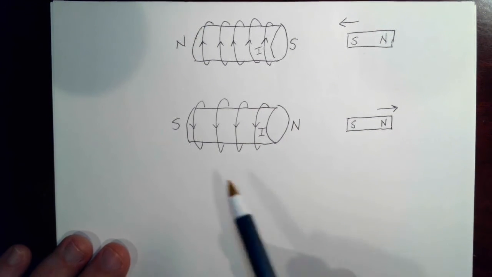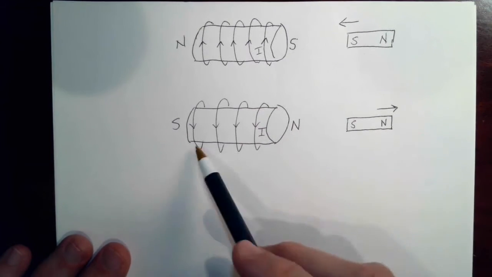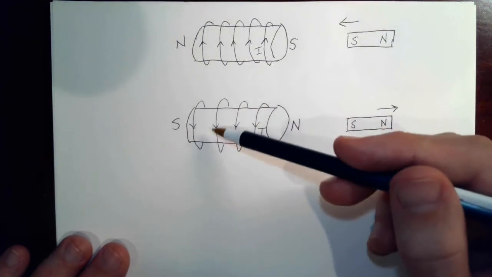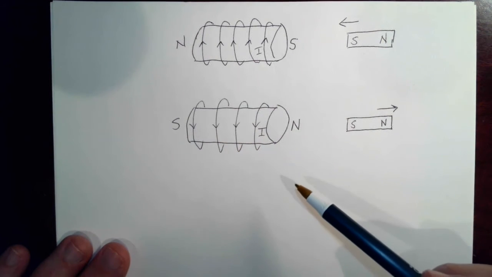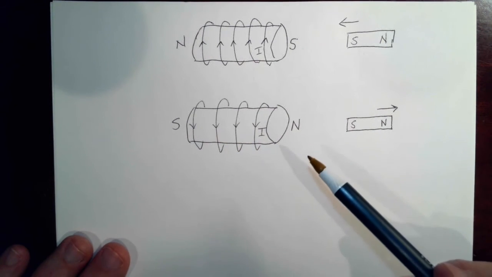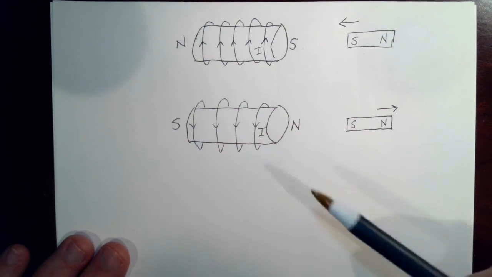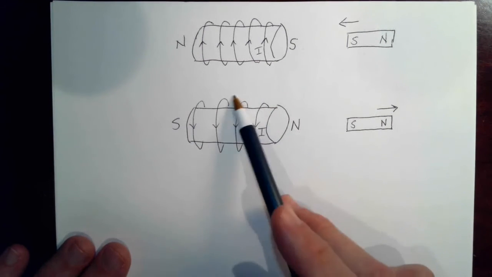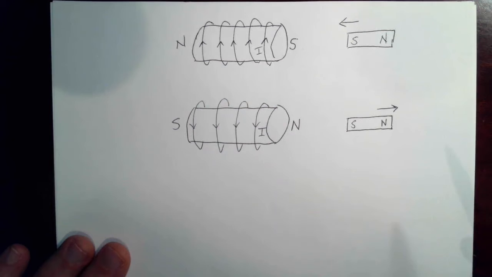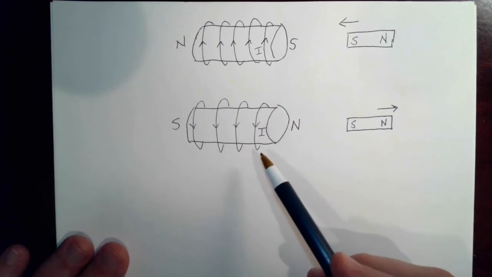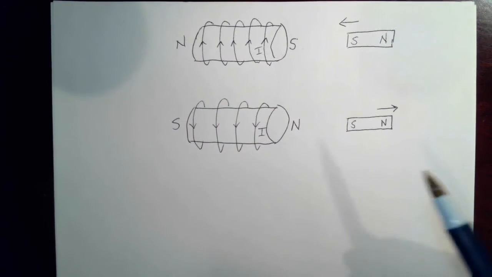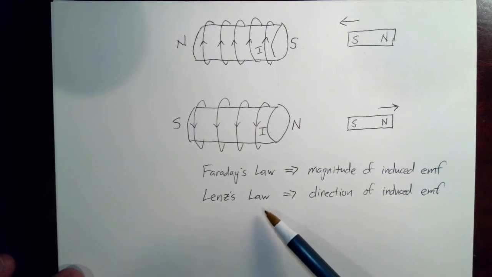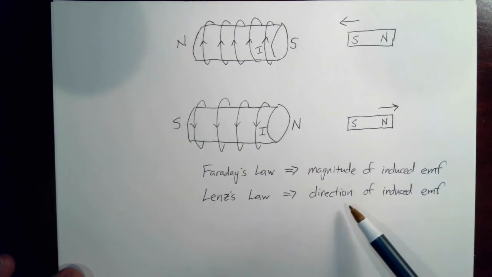Another way of putting this is, Lenz's law helps us figure out the direction of the induced EMF, but it does not give us the magnitude. The magnitude comes from Faraday's law. So you have to go back to Faraday's law if you want to know the magnitude of the induced EMF. And Lenz's law is a shortcut to figuring out the direction. Make sure you keep those uses separate. One gives you the magnitude, the other gives you the direction.